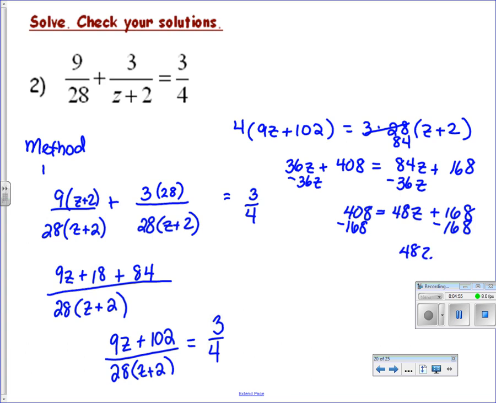What do we end up with? 330, does that sound right? I have to double check. I hate working with negatives. It should be 240. Yes, I put it in wrong. Then divide by 48. It should go in there 5 times.